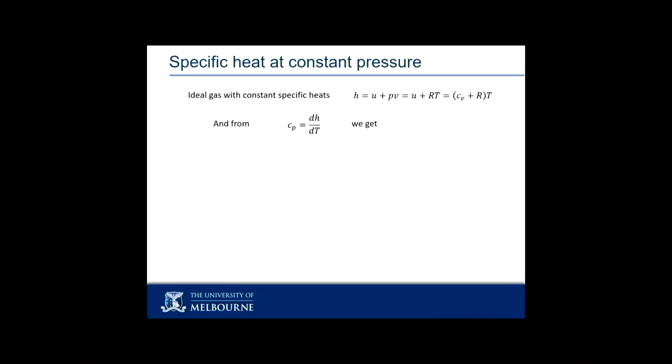A lot of this seems like I'm just proving the thing that I wrote down to define it. I accept that. If I accept my definition for CP as dH/dT, then I have this connection between CP and CV, which are connected through the gas constant for my substance. I find this one of the weirder things in thermo.